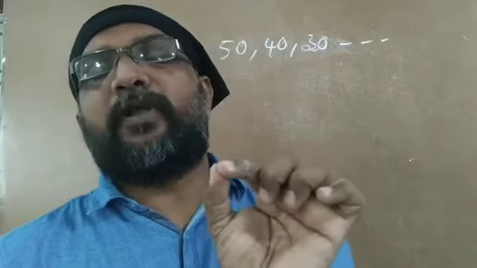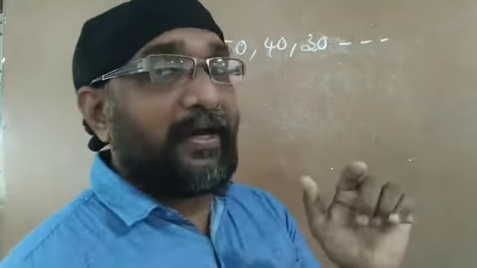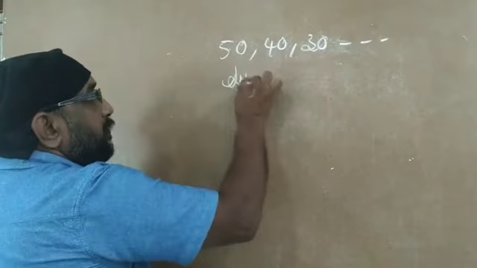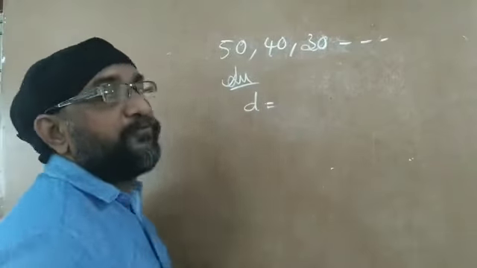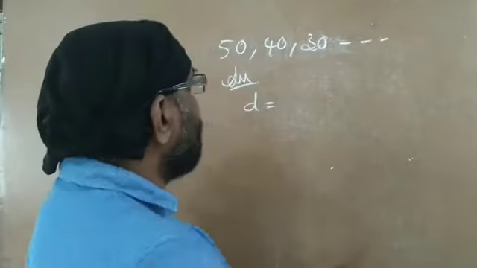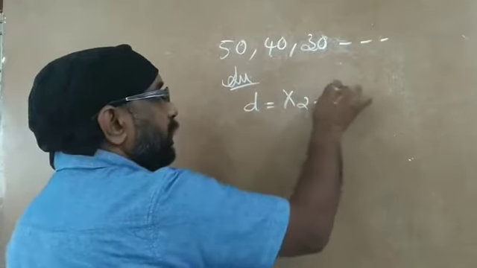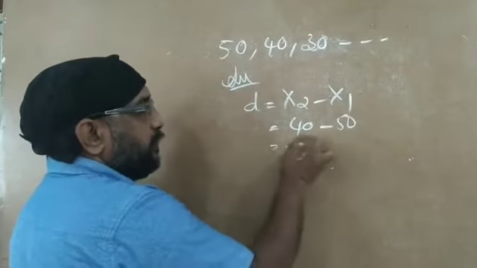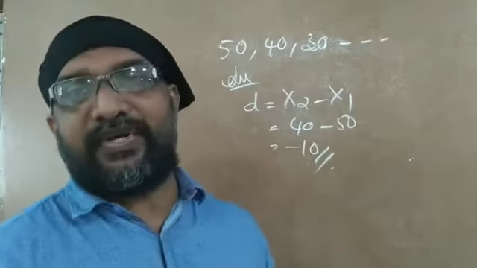To find the algebraic form, you have a formula: xn is equal to dn plus f minus d. That I taught in the last class. So answer, you have to find out the common difference first. The common difference, d is equal to x2 minus x1. It is equal to 40 minus 50 is equal to negative 10.